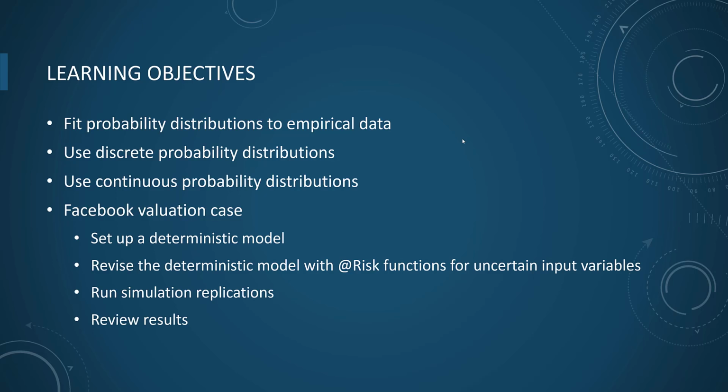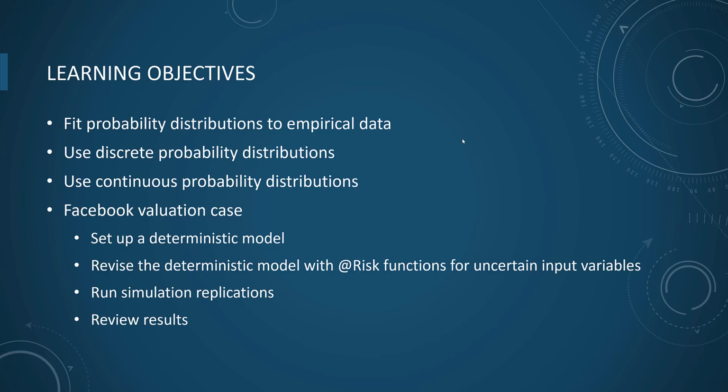We're going to set up a deterministic model first, based on the 5 or 6 years of past data from the financial statements, to project what will happen for the next 10 years.